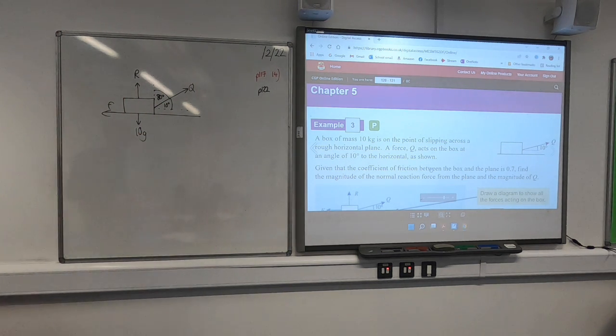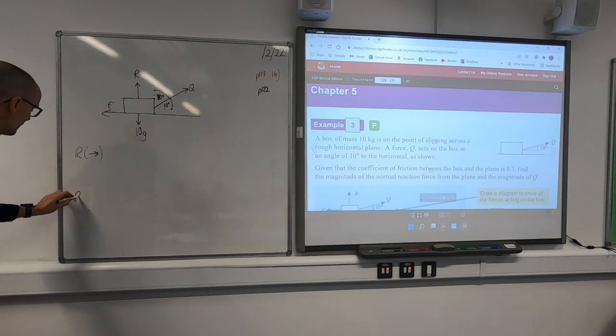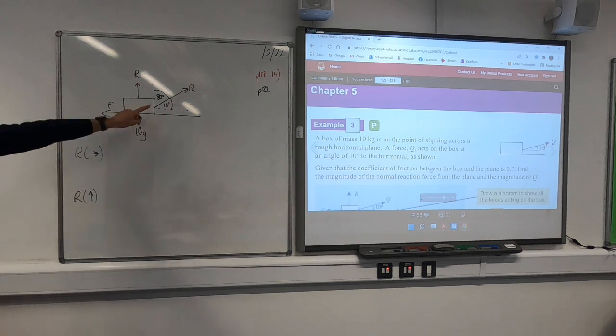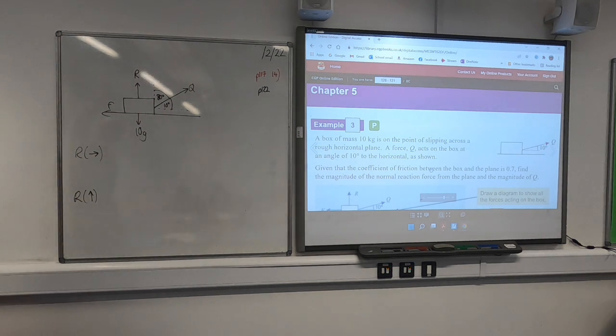Make sure you've got F going that way because it's resisting the motion. Remember my mistake at the beginning, Q is going to have an effect vertically as well as horizontally. So there'll be a component of Q vertically as well as horizontally.